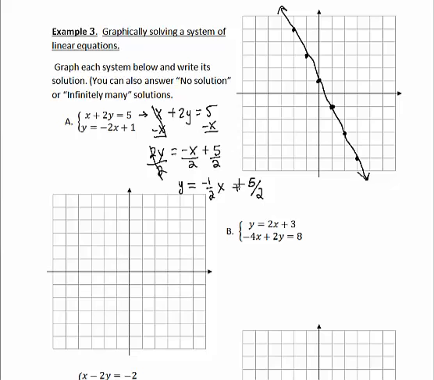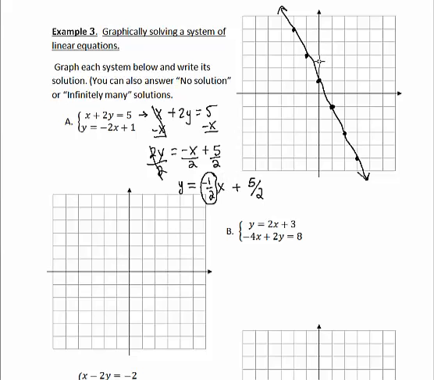Alright, so if we go to 5 halves, which is about 2.5 on the y-axis, 1, 2, and then a half, we'll start our equation right here. And this is a little awkward to graph because we're going to start at a half mark instead of a whole mark on our coordinate system. The slope is a negative 1/2, and so that means we go down 1 and right 2.